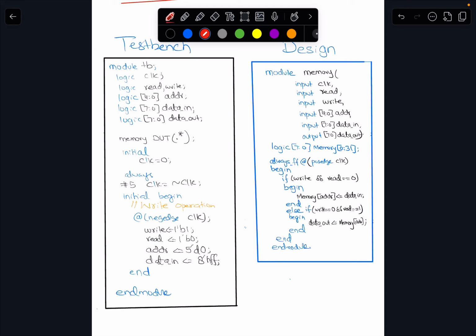And then you have a test bench as well, where you make an instance of the design, and then you describe the signals for clock, read, write, and set up your driver part.